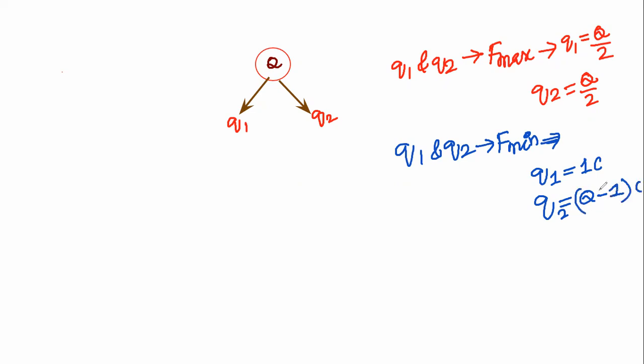Like this, we have to divide these charges. q1 is 1 coulomb and q2 is equal to Q minus 1 coulomb.